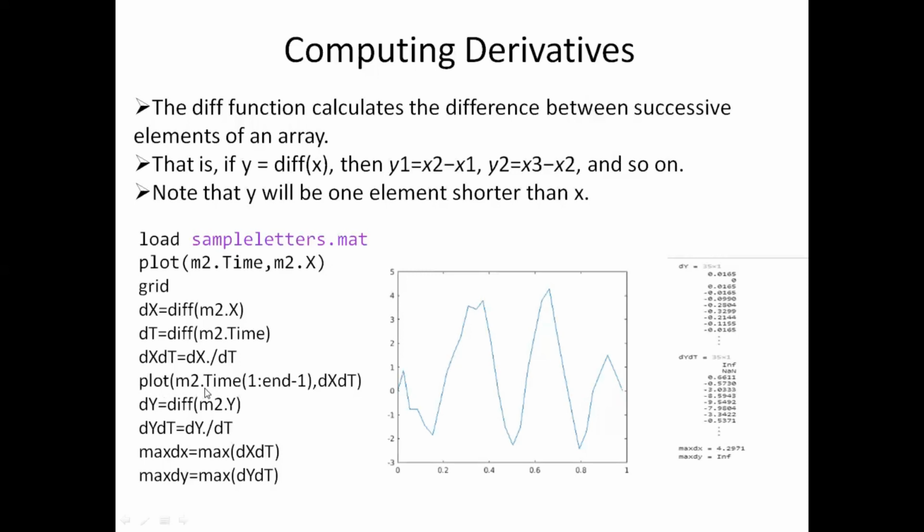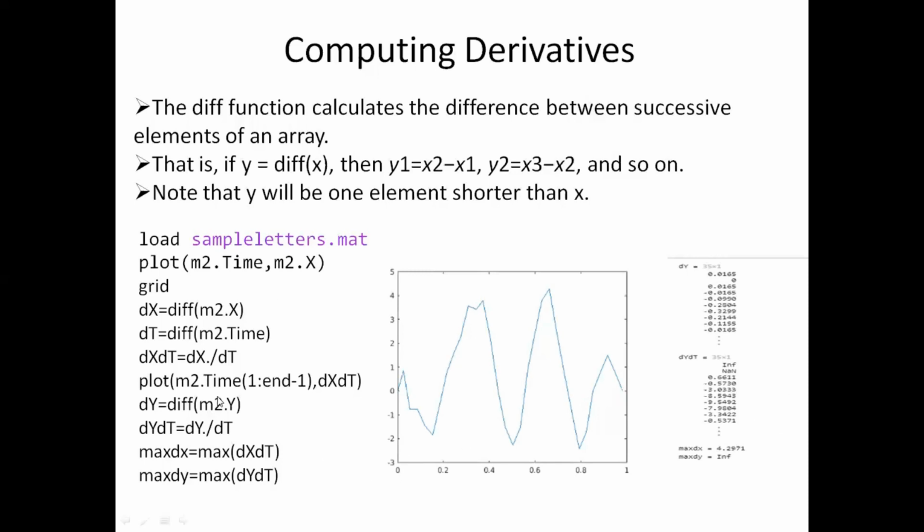Then I will make a plot of the time variable versus dx by dt to see the variation of slope with respect to time. When I am making this plot, what we need to note is that the number of elements in dx by dt will be one less than the number of elements in the original time data, because when you calculate the difference between successive elements, the output will be one element shorter than the original input.